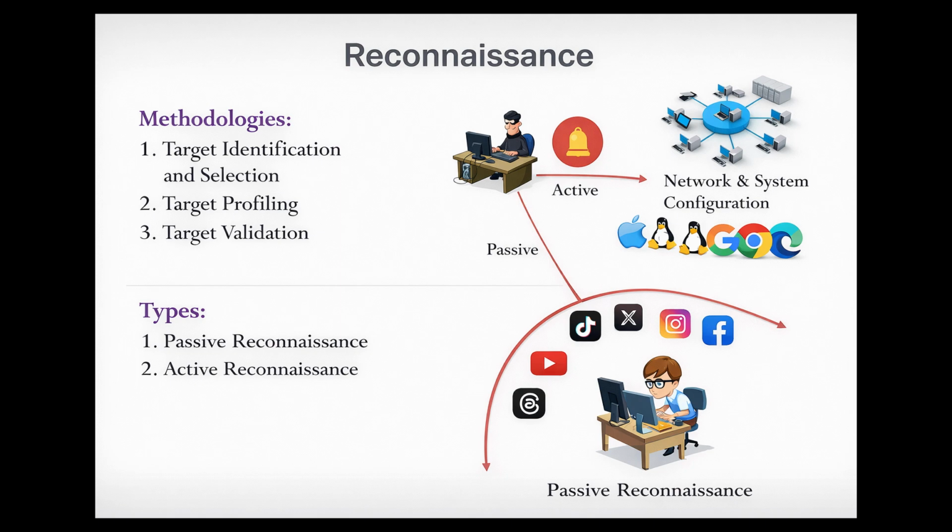Passive reconnaissance is the process where you don't directly connect to or interact with the target machine. This process is used to gather essential information without interacting with that particular machine.